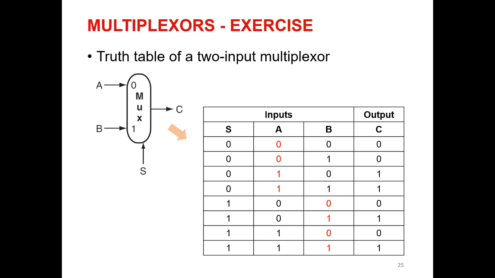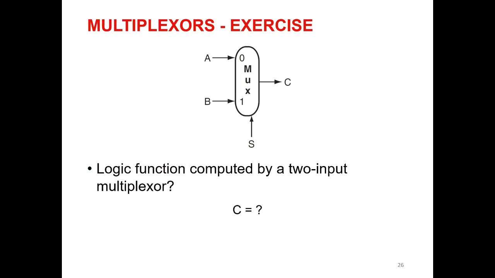Okay then. Now that we have the previous truth table, what will be the logic function for this two-input multiplexer? I'm going to add a form in the Q&A, and I'm going to give you 1 minute. Good luck.